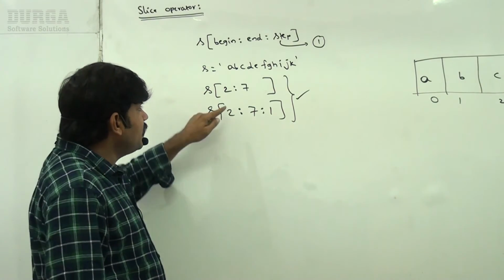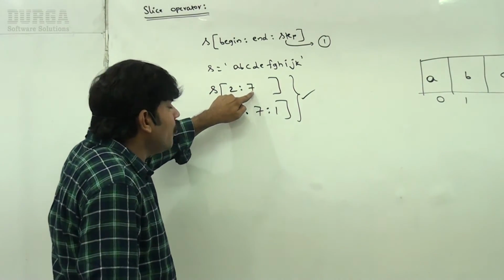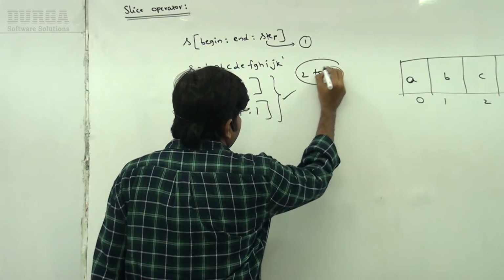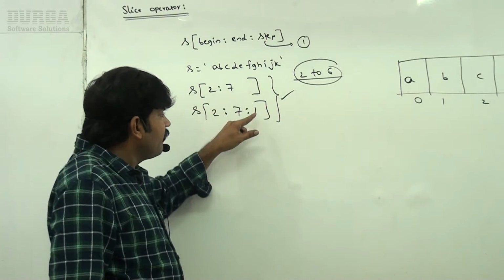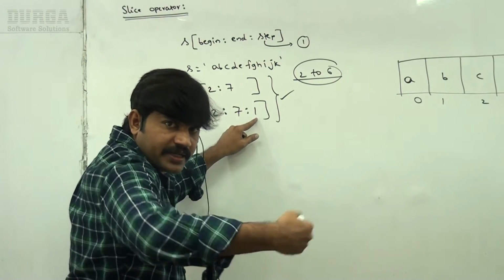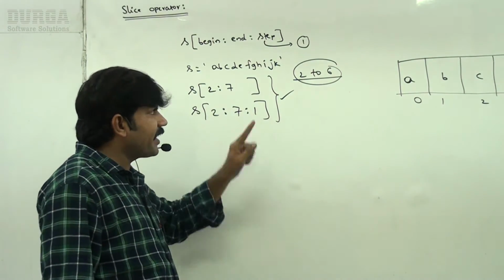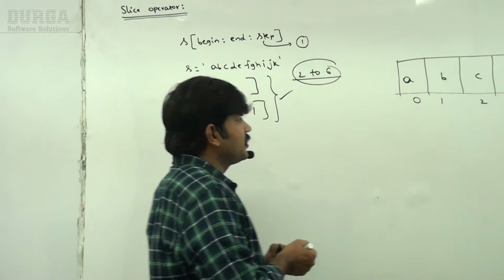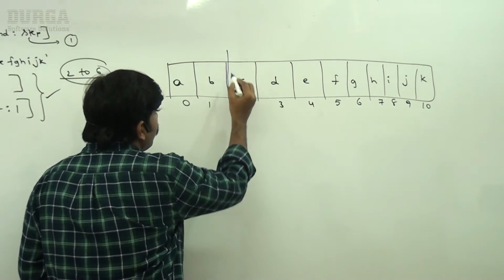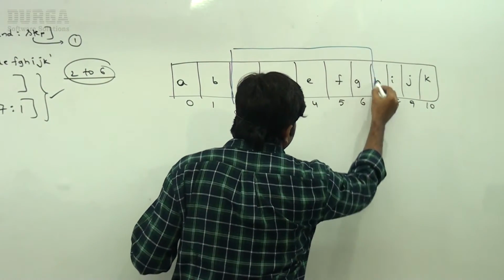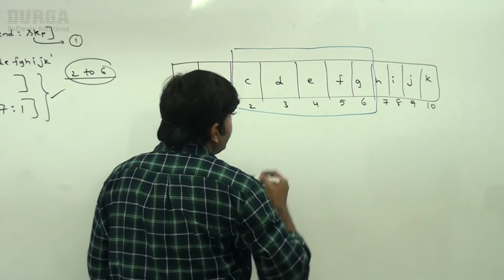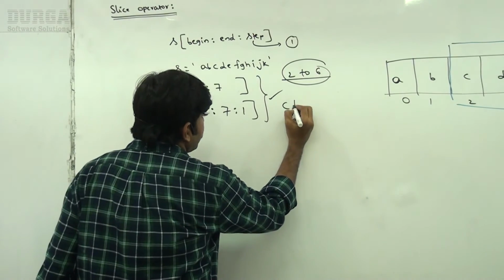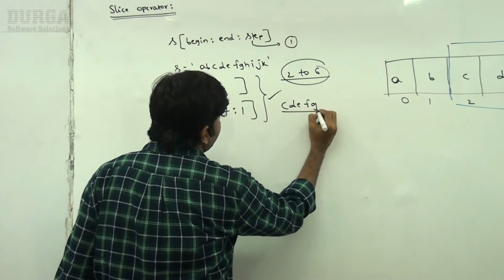What it will do is, from begin to n-1, from 2 to 6 range, in this range every next character is going to be considered. Means every character from 2 to 6. So C, D, E, F, G. What is the answer? C, D, E, F, G we are getting.